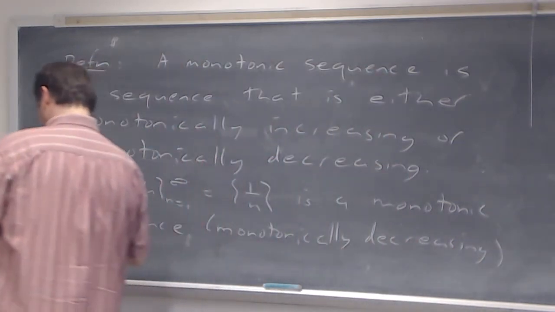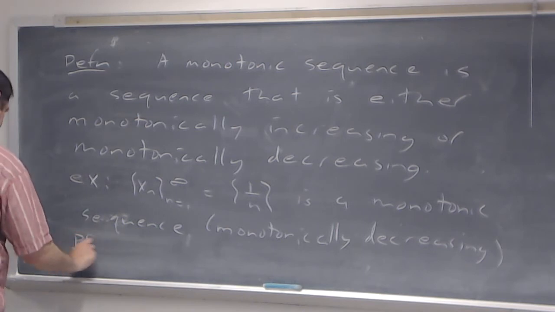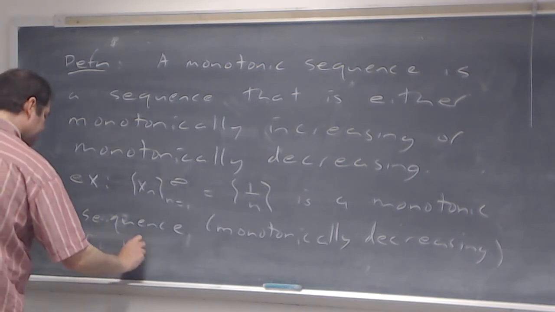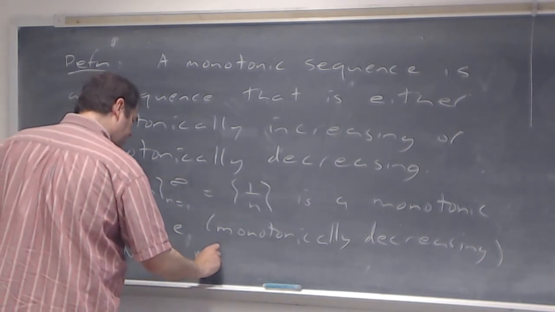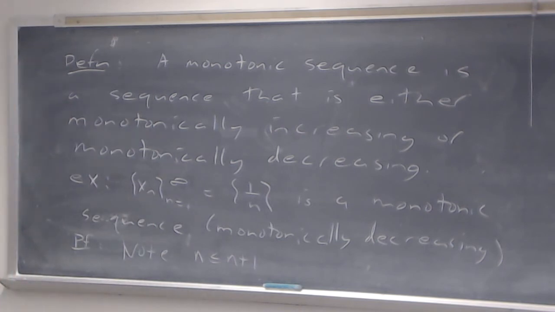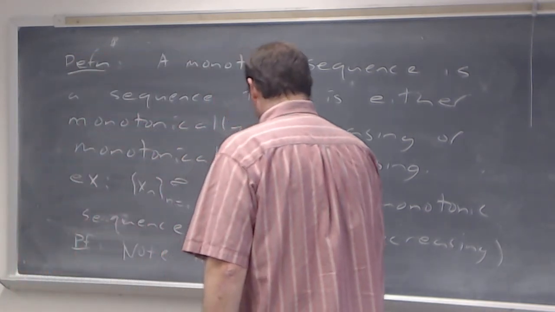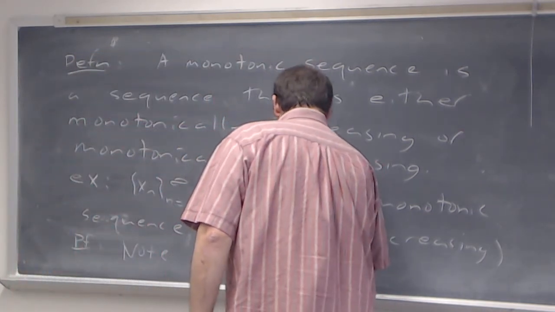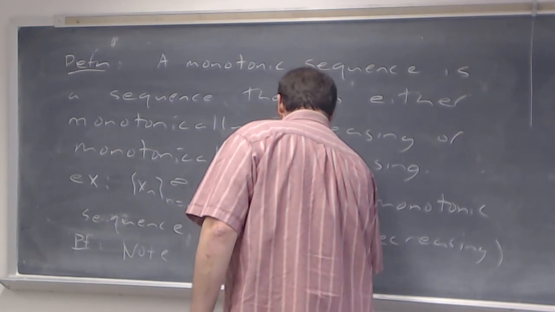Let's look at that. So as a proof, note, here's what we start off with. Just look at the natural numbers. We know that n is less than or equal to n plus 1. The previous natural number is less than or equal to the next one. Okay, that means if we divide both sides by n, this is true for all n element of J.